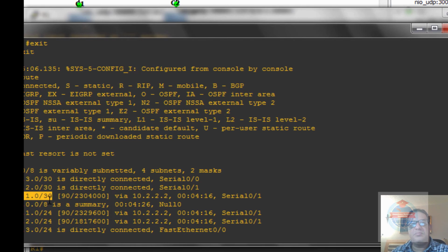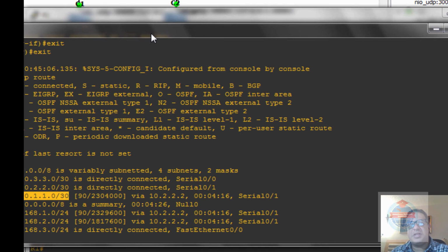You see this, guys? Only one path to get to 10.1.1.0, and that path is via R2, and it happens because they have a bigger bandwidth, guys. So I want you to understand this. The situation is different because we did some modifications to the bandwidth.